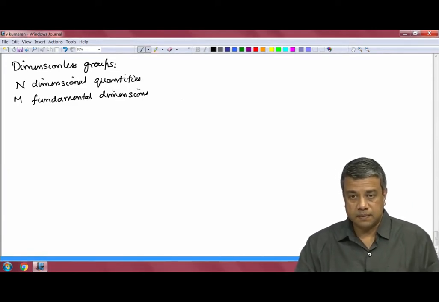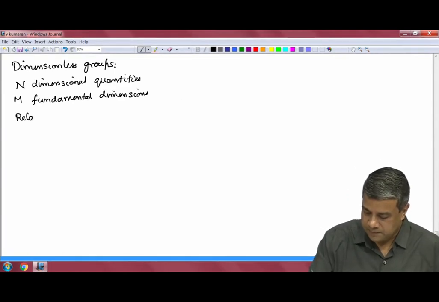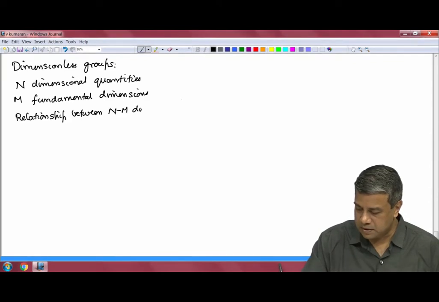That relationship can be equivalently written as a relationship between n minus m dimensionless groups.